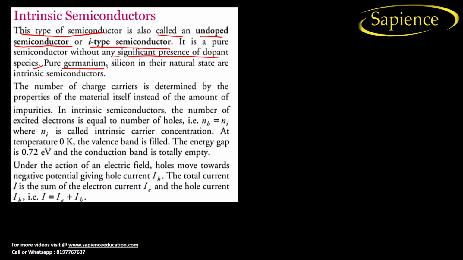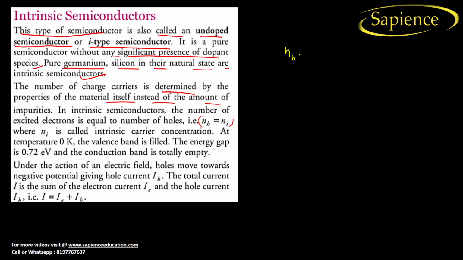Like pure germanium and pure silicon in the natural state are called intrinsic semiconductors, in which no external material has been mixed. The number of charge carriers is determined by the properties of the material itself, that is, the amount of impurities. In an intrinsic semiconductor, the number of excited electrons is equal to the number of holes. This is a very important property.